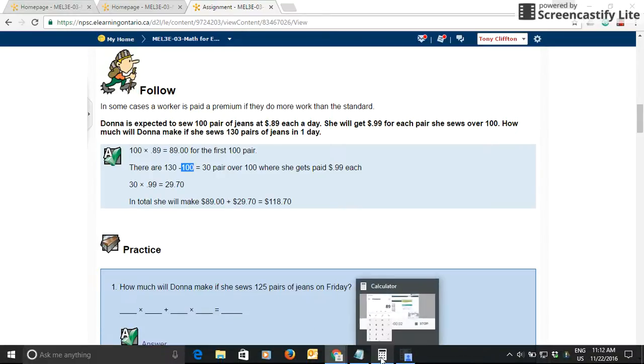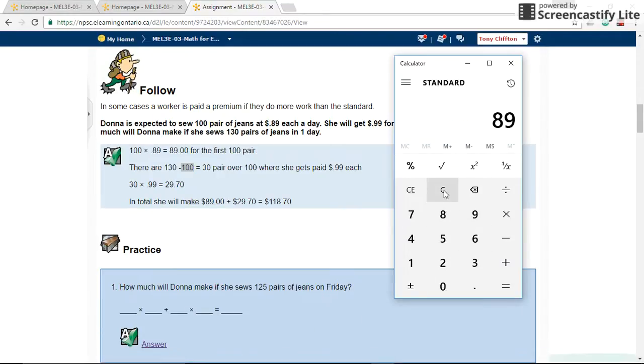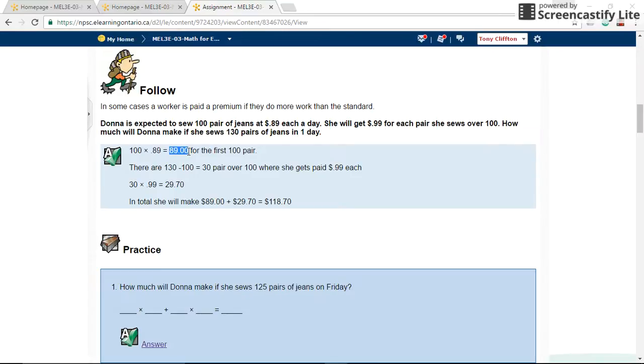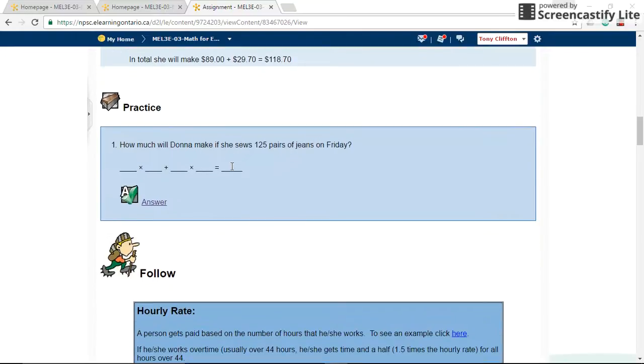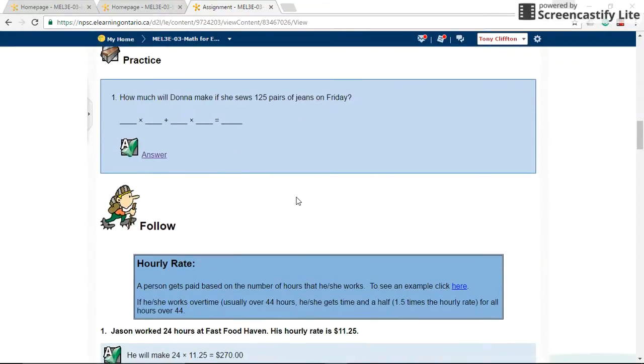Let's make sure this is correct. 30 times 0.99 equals $29.70. In total, she'll make $89. That's from the first 100 plus $29.70 for the other 30 for a total of $118.70. There's some practice on that topic there.